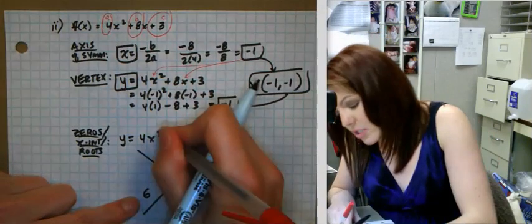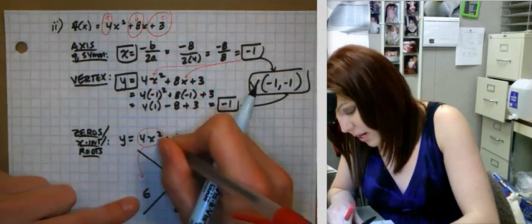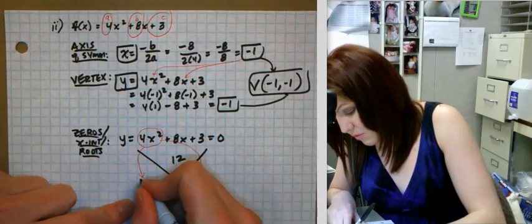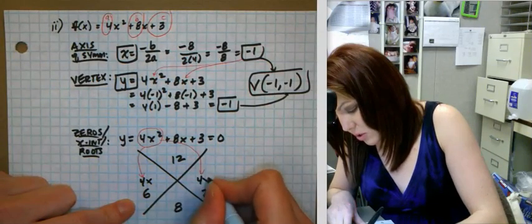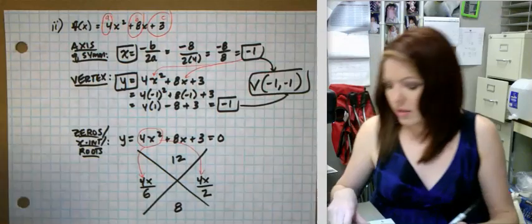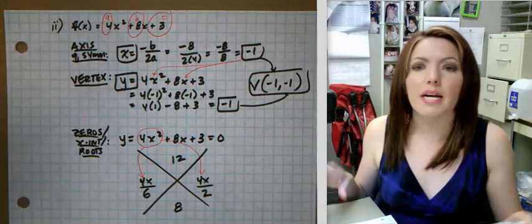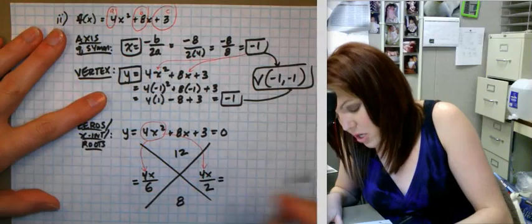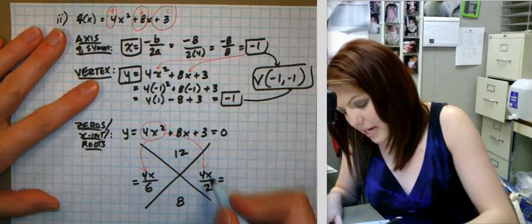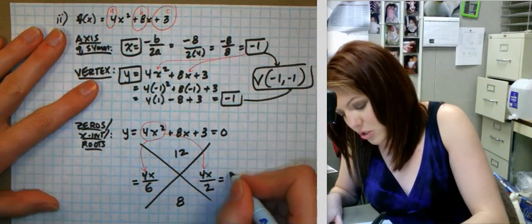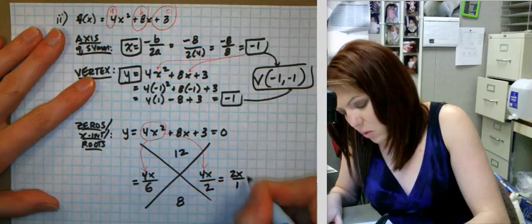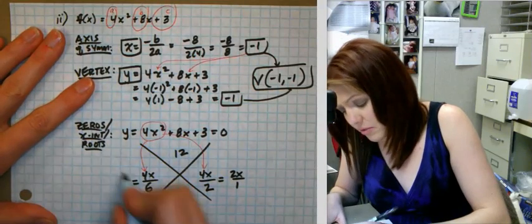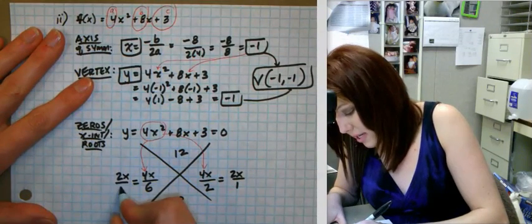Then we take this 4x squared, put the 4, and evenly distribute that x to what is on both sides of our factors, and reduce anything that can be reduced. I can divide both 4 and 2 by 2, and I get 2x and 1. And I can also divide these by 2, so I get 2x and 3.